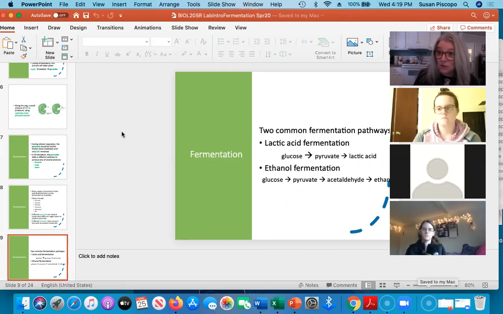So there are lots of organisms that can do lactic acid fermentation and lots that can do ethanol fermentation. In ethanol fermentation, the glucose molecule is first converted to pyruvate, and then the pyruvate goes through a two-step process. It first becomes a molecule called acetaldehyde, and then the acetaldehyde becomes ethanol. And you probably know that we take advantage of this commercially.